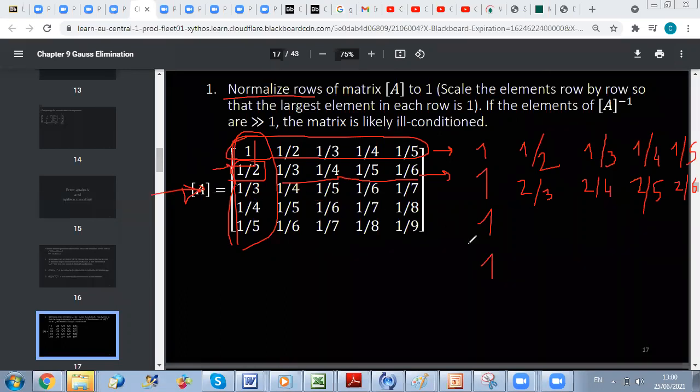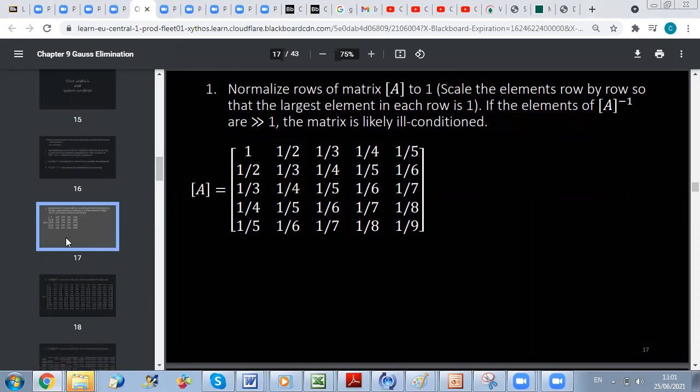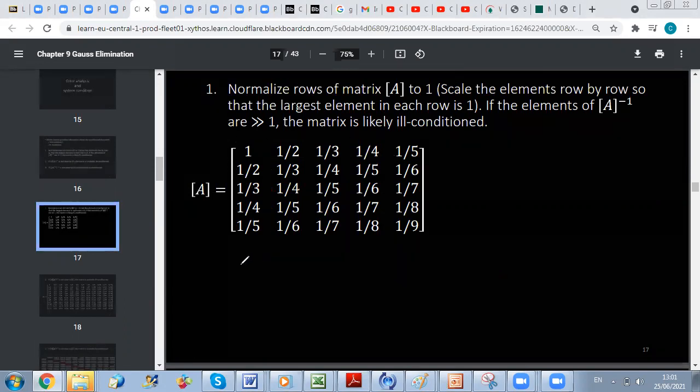So if you proceed with normalizing each row, you will end up with the following matrix. Here it's not written. I will update it for you in the slides. So we can write it together here.